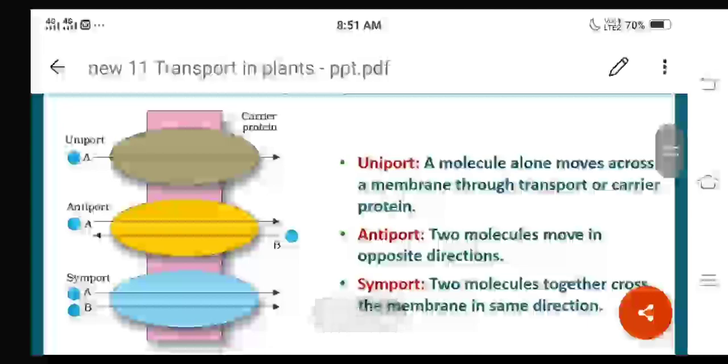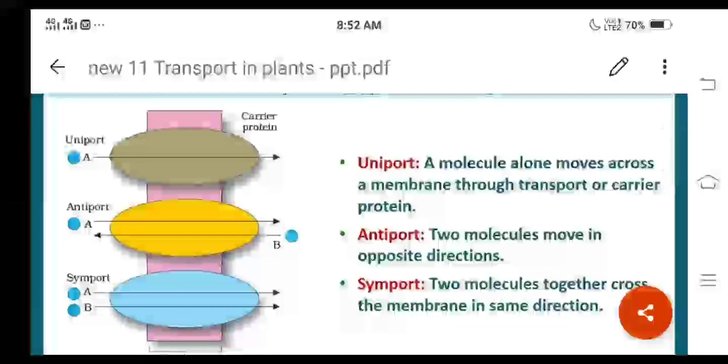Symport. In the textbook sequence, I will tell you, you consider symport as the first one. It is nothing but when two molecules together cross the membrane in the same direction.